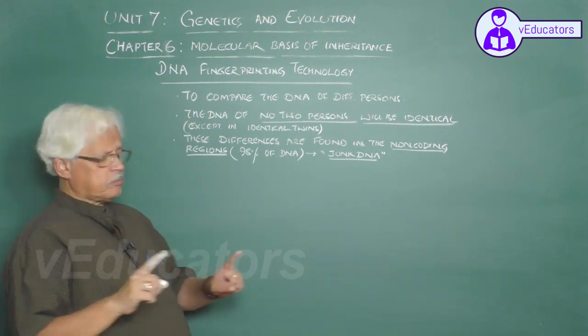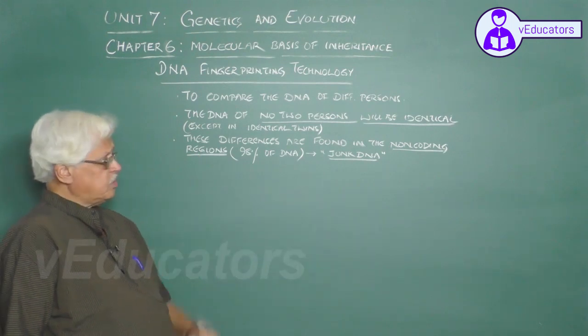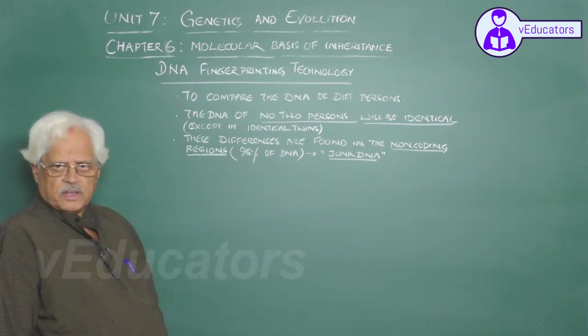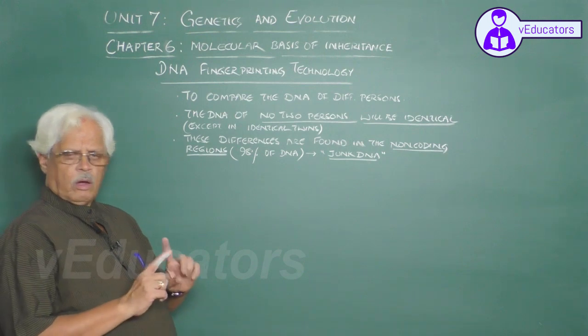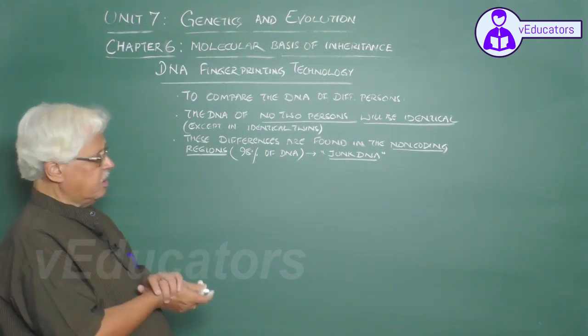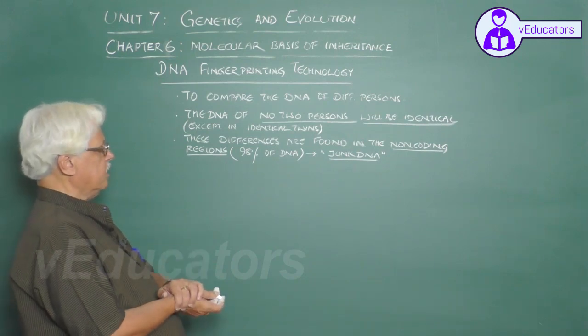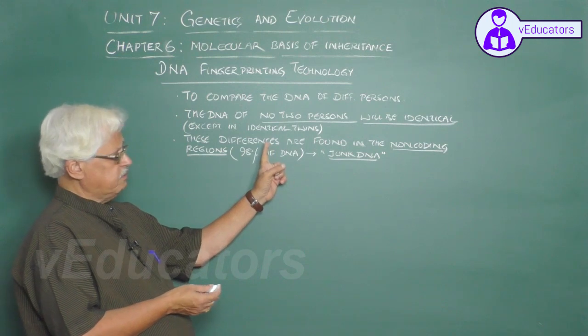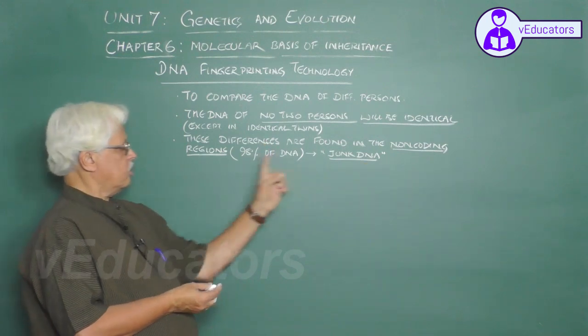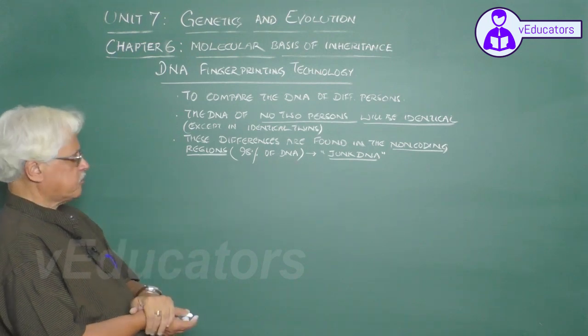The DNA in the coding regions, the DNA in the so-called genes that have been identified, will be almost similar, 99.9% similar between any two individuals. If there are differences, the differences lie in the non-coding regions, in the junk DNA.